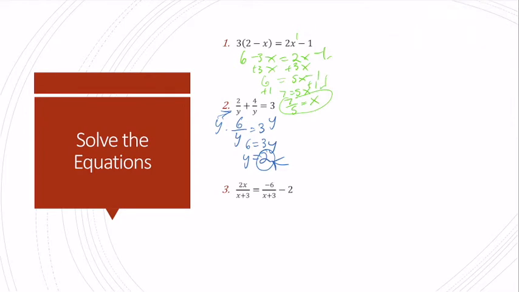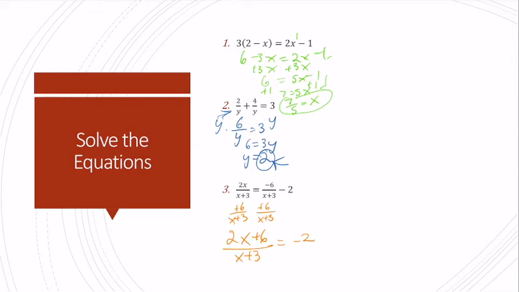Last but not least, number 3. If I have 2x over x plus 3 equals negative 6x plus 3 over x plus 3 minus 2. I'm going to add 6x plus 3 to both sides. That gives me 2x plus 6 over x plus 3, which equals negative 2.